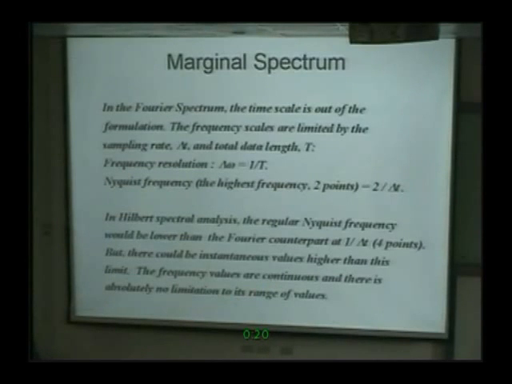So local value can be very high, but that is not limited by the Nyquist because it's limited by the local slope of the phase function. So we are somehow limited in the Nyquist, but this Nyquist is just regular Nyquist, and occasionally you may have a point that may even exceed that.